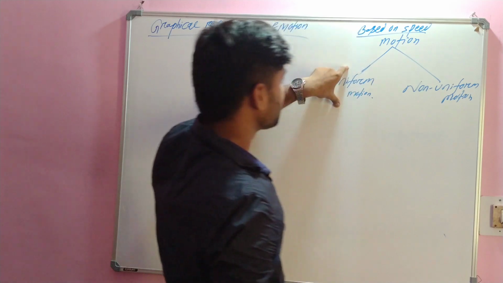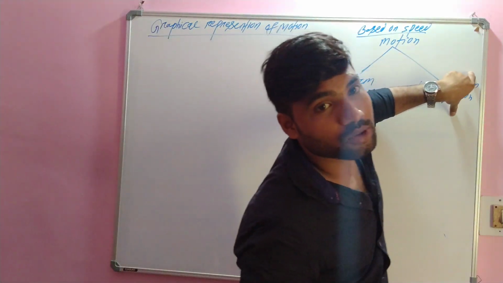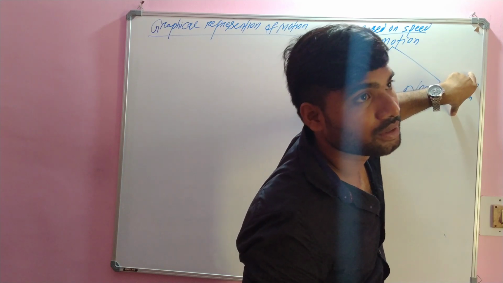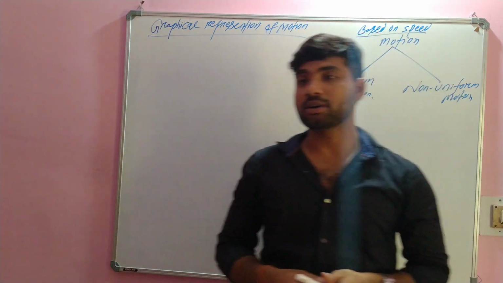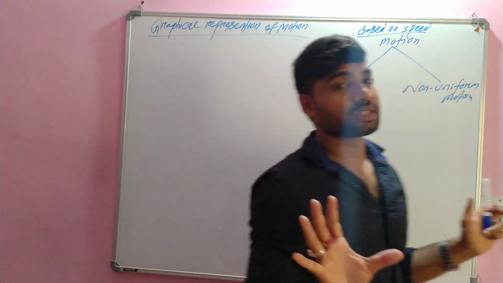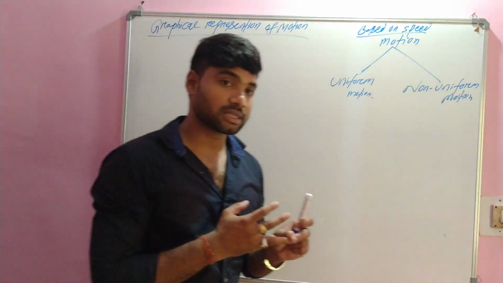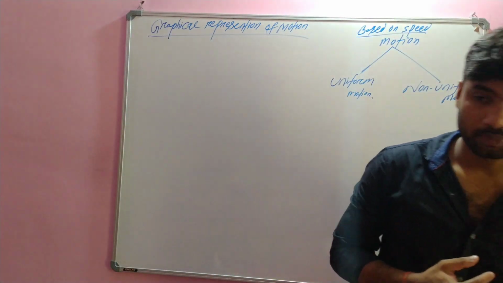So how can you represent uniform motion and non-uniform motion on a graph? Listen, before representing motion on a graph, we should first know three factors: speed, distance, and time.